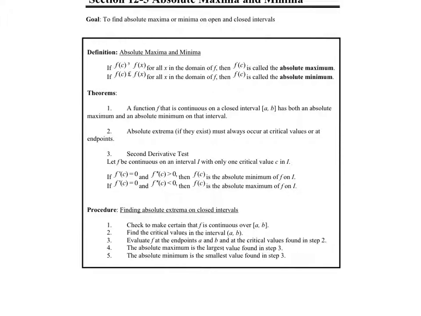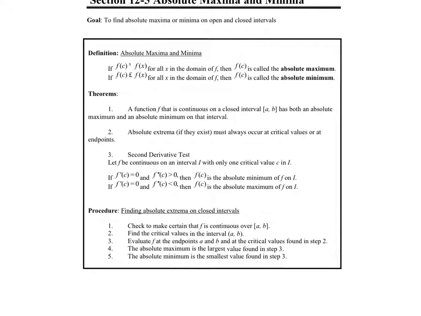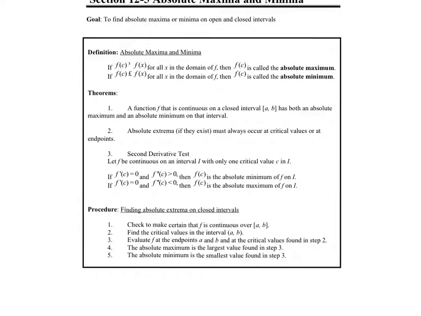Now, on something that's not a closed interval, because the domain is from negative infinity to positive infinity, here's a better way that you can figure out if you've got absolute extrema. You would run a second derivative test on whatever you came up with as your local maxes and your local mins.